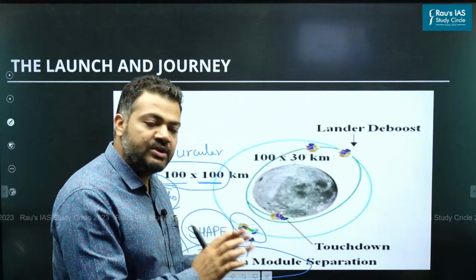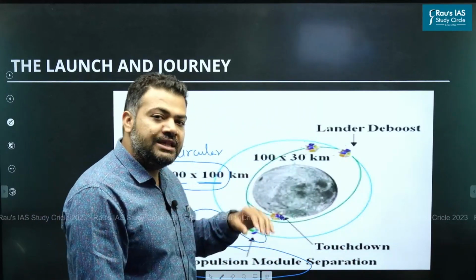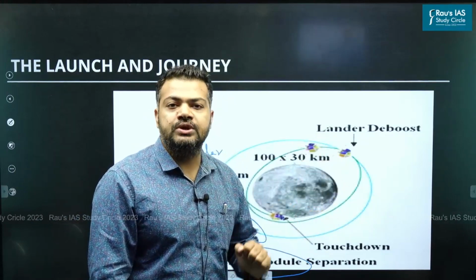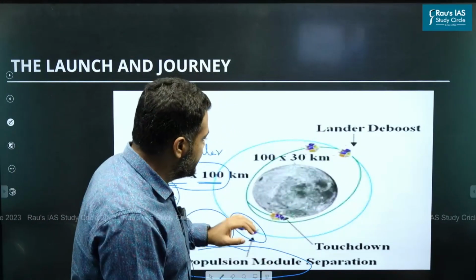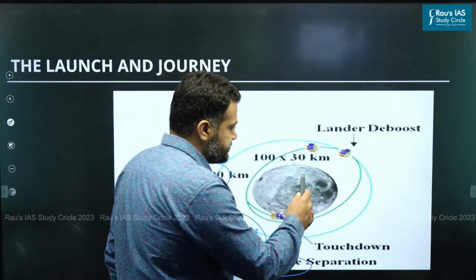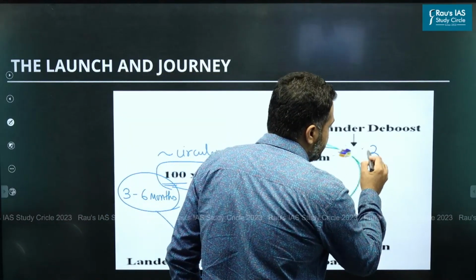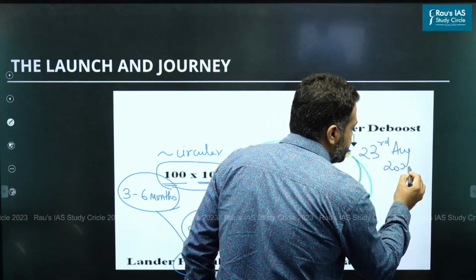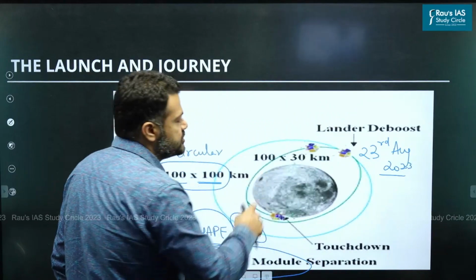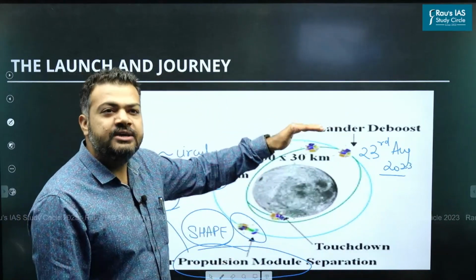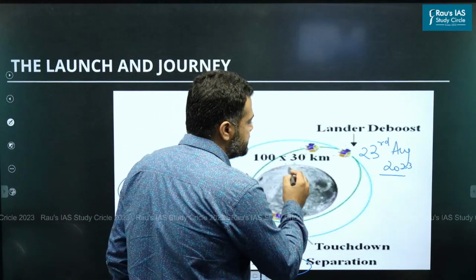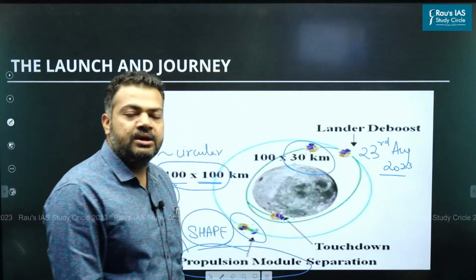For 3 to 6 months, that will keep functioning, and now the lander will take its own course, slowly moving towards the moon's gravity. So you can see that on 23rd of August 2023, from the 100 kilometers altitude, the lander deboosting started when it was brought to a distance of just 30 kilometers away from the lunar surface.